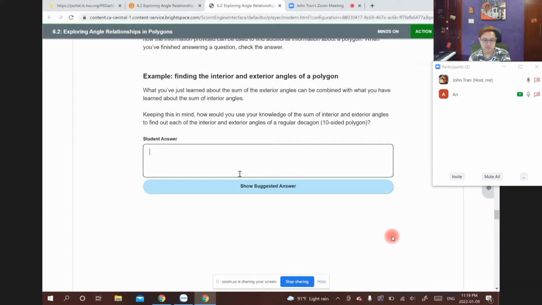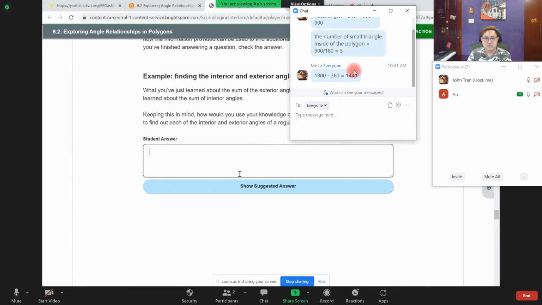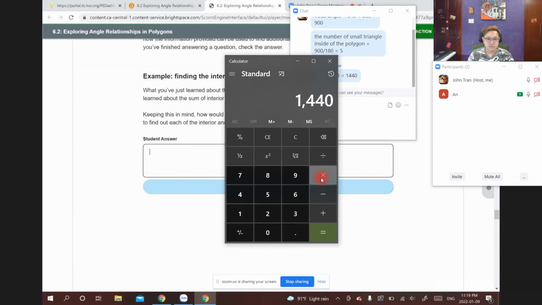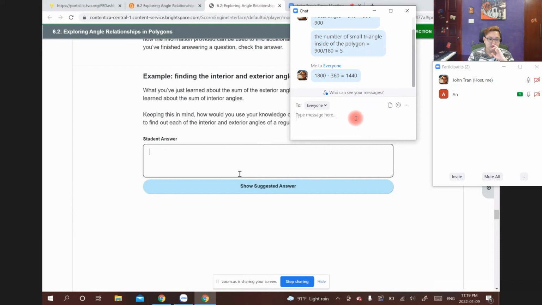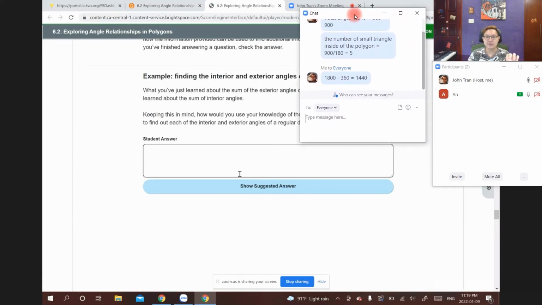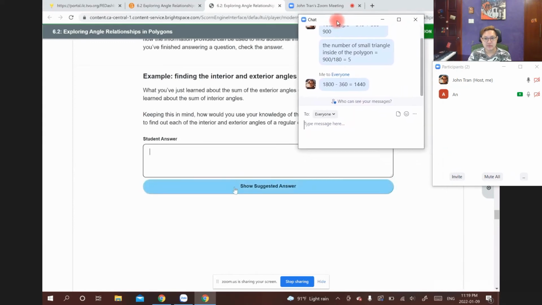You should get to a value of something. So 1440, and there are 10 triangles, so each of them should be 144 degrees. 144 degrees. Yeah, 144 degrees.